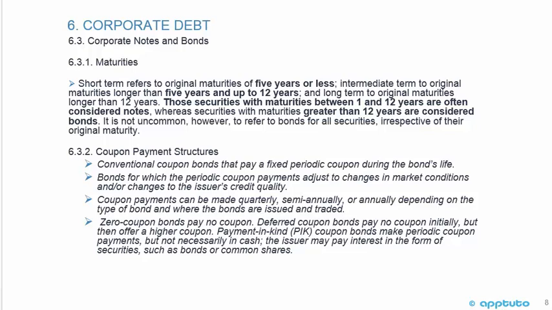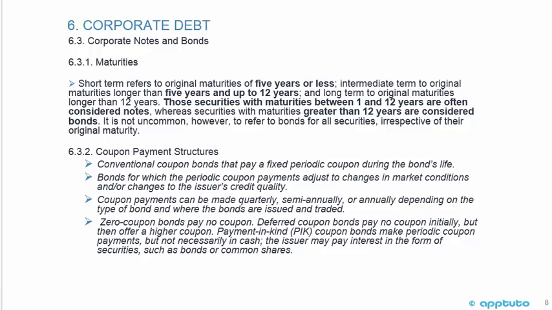Next, we're going to look at the coupon payment structures, and we've looked at this a little bit in previous LOS. A conventional coupon bond pays a fixed coupon during the bond's life. Floating-rate bonds are bonds for which the periodic coupon payments adjust to changes in market conditions and/or the issuer's credit quality. Coupon payments can be made quarterly, semi-annually, or annually, depending on the type of the bond and where the bonds are issued and traded.